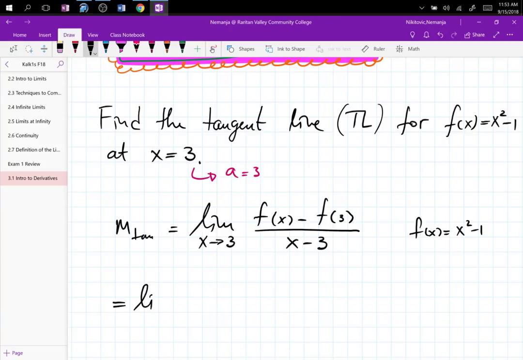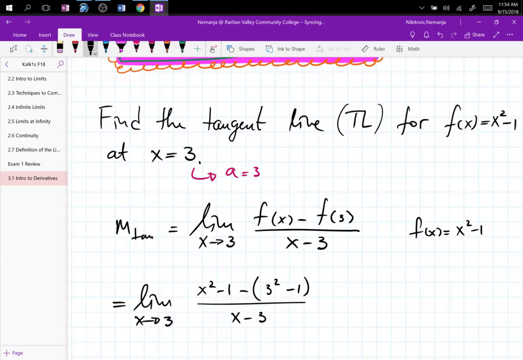So now this becomes the limit as x goes to 3 of x squared minus 1 minus f of 3, well, that's 3 squared minus 1, divided by x minus 3. So when we go through the layers of chapter 3, you are now faced with a basic limit from 2.3, right? And you just have to solve this.